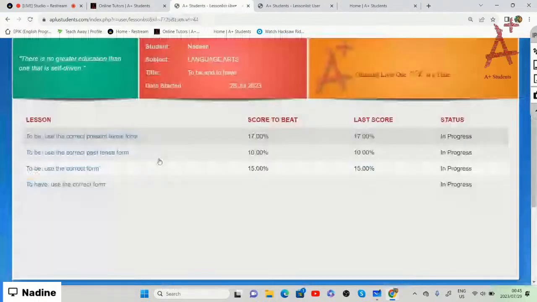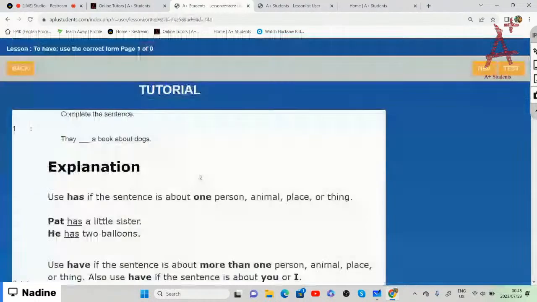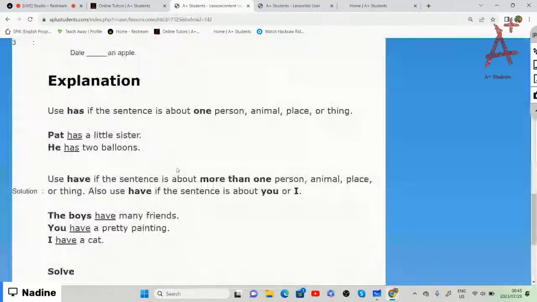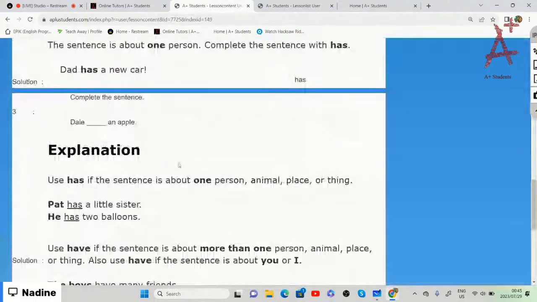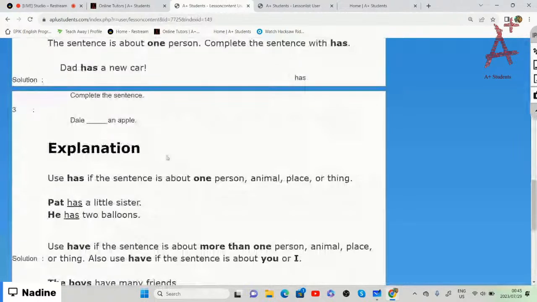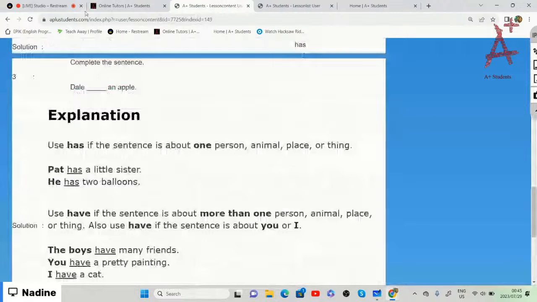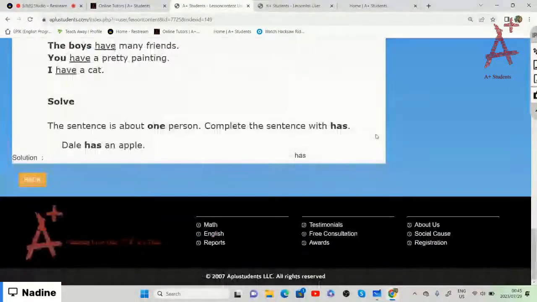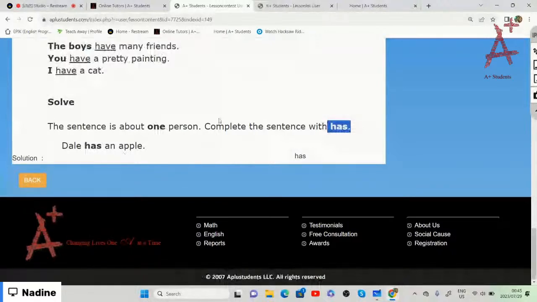Dale: is it Dale has or Dale have an apple? We can then say Dale has an apple. Here it says that the completed word is has, so the sentence is about one person. So Dale has an apple.